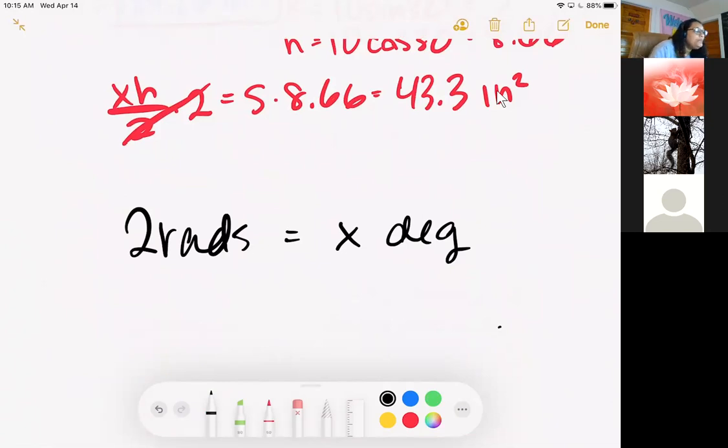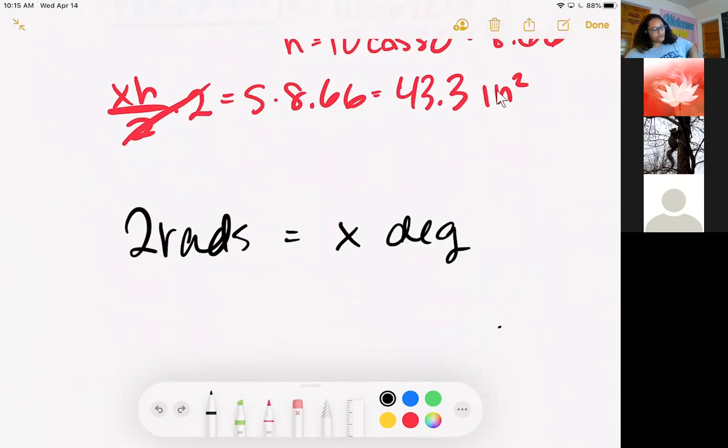No. Oh, wait. 2 radians, not 2 pi. It's equal to 360 over pi.